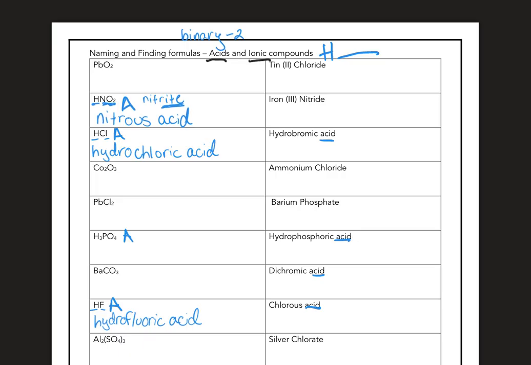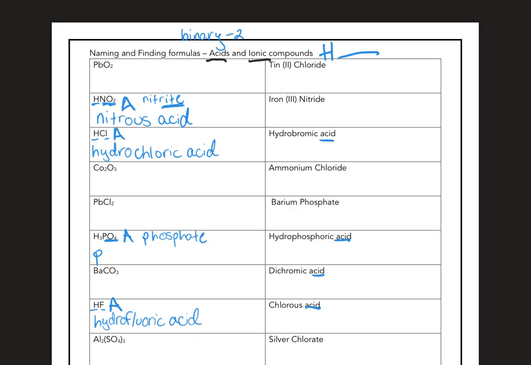For H3PO4, I'm going to go look for PO4 on my polyatomic list. That is phosphate. Ate becomes ic. I ate something icky. All right. Phosphorus, sulfur, anything that has like a phosphorus in it or a sulfur in it, those are a little weird when naming. So a lot of you are gonna say, oh, phosphoric acid.